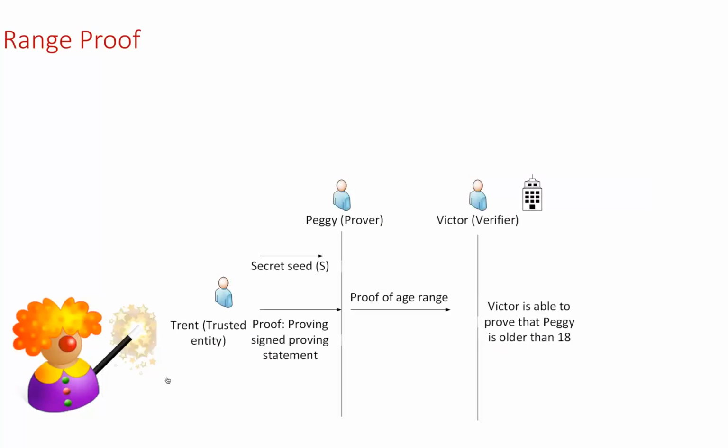So with a range proof, we go to a trusted entity that Victor trusts, and they have a public key that we can verify. They sign something with a private key and give it to Peggy, and then Peggy can give some sort of range proof to Victor to prove that something is within a certain range.